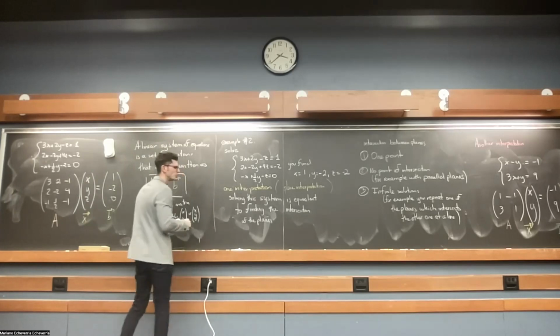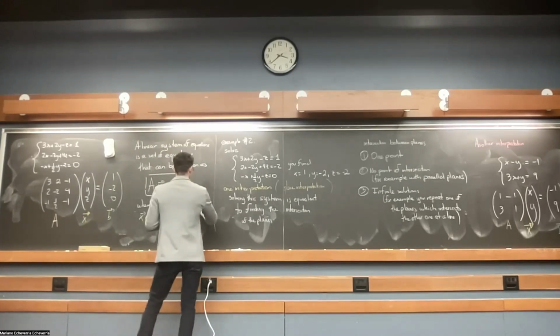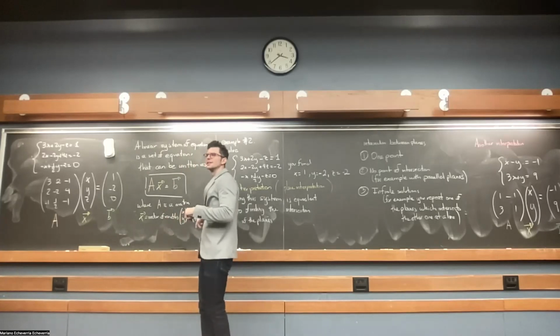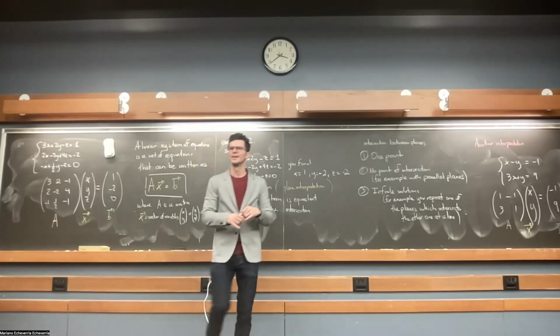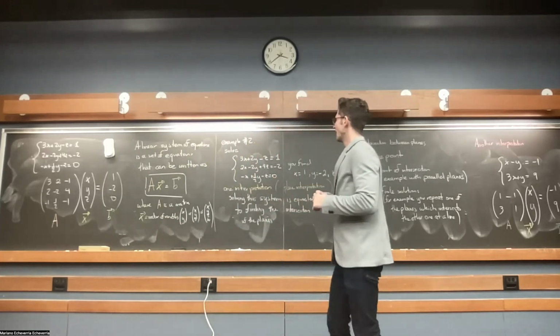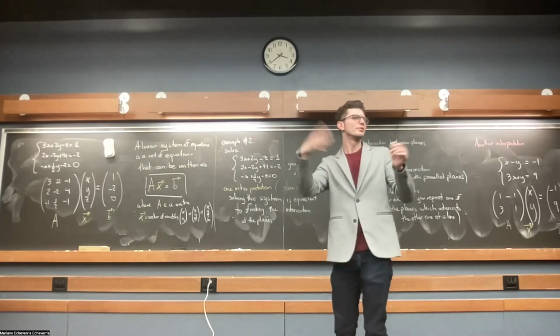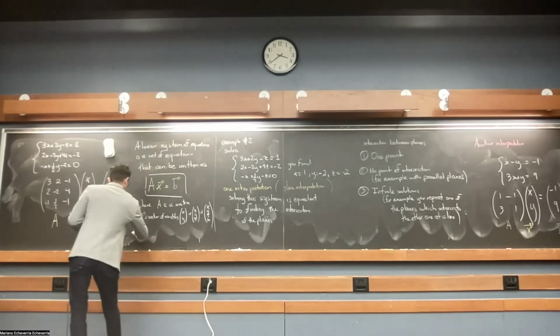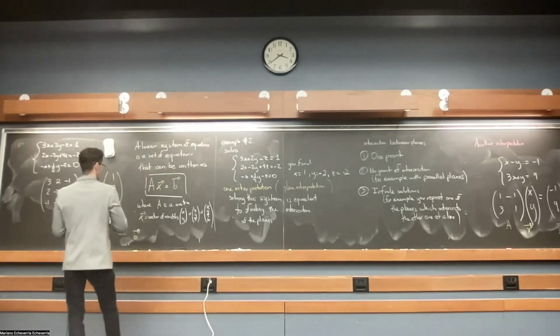And usually we won't do more than 4 variables in this class, just to keep it simple. So it could be XYZW. But you can imagine how it would go. If you had 10 variables, you don't want to run out of letters of the alphabet. So you just call them X1, X2, X3, X4, X5, X6, X7, X8, X9, X10, because you don't want to keep thinking about that. And B is a vector that's given to you.